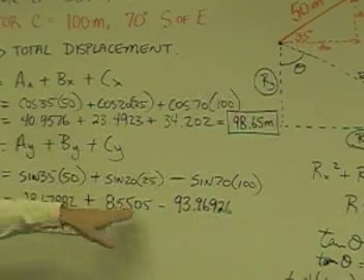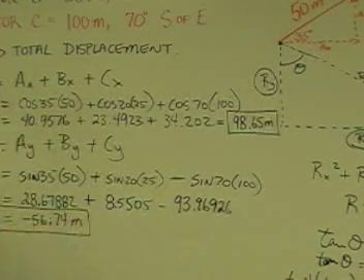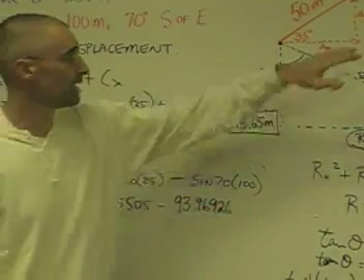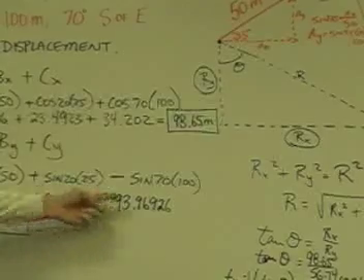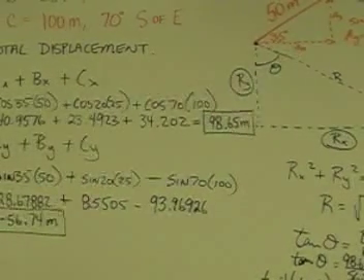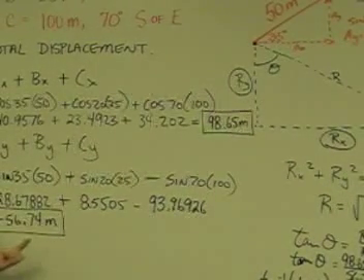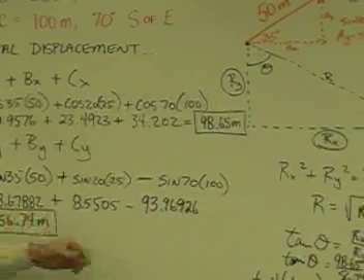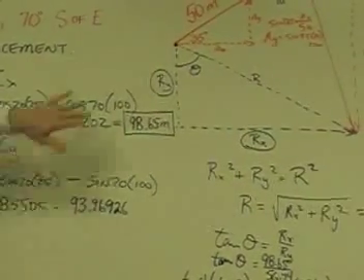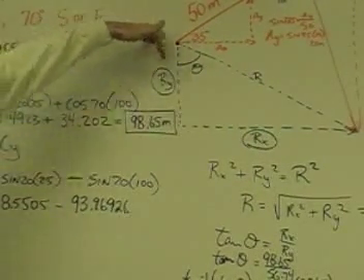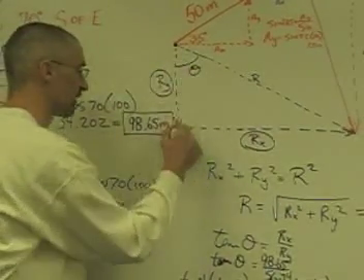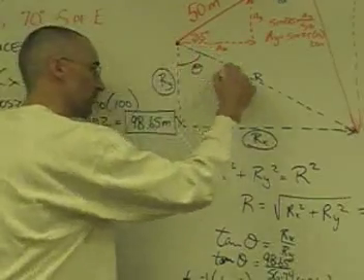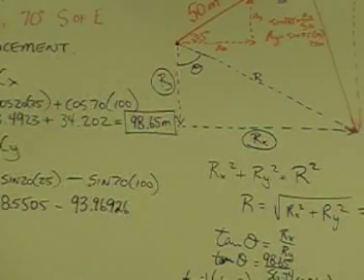We set up our AY plus BY plus CY, and you'll notice that the CY is negative, the AY was positive, the BY was positive, and when we do that, we come up with a negative 56.74 meters. So basically what that's saying is this is 56.74 negative going in this direction downward. And that vector component comes up with our resultant right there.